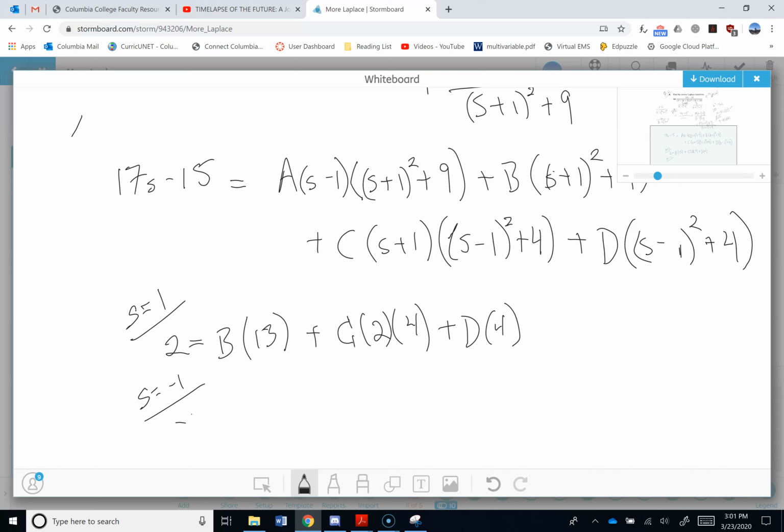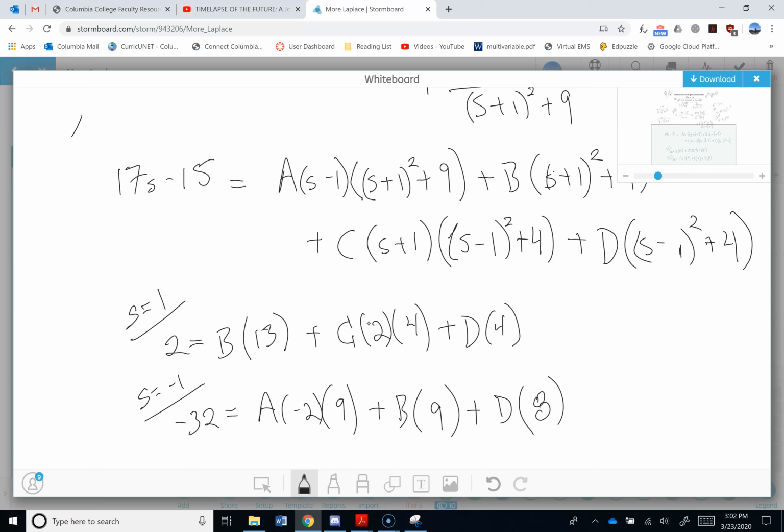So I have minus 32, and when s is minus 1, I have A times negative 2 times 9 and B times 9 and C times 0 and D times 8. Questions, concerns? Did I screw up any arithmetic in there?